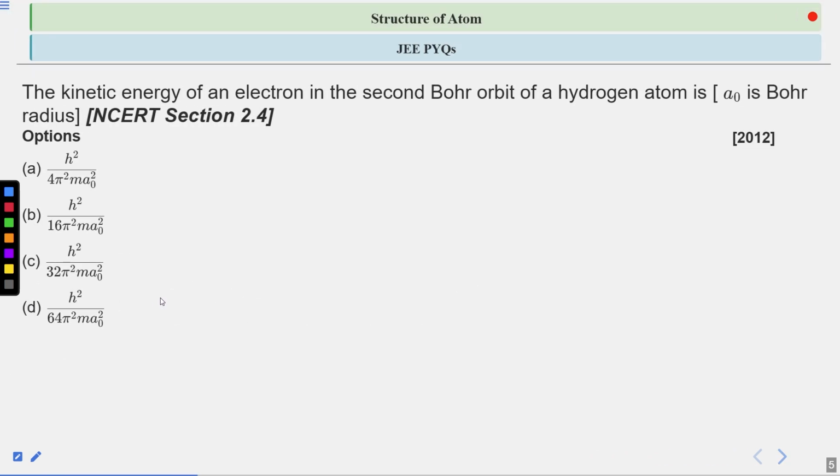Then moving on to our next question: the kinetic energy of an electron in the second orbit of a hydrogen atom is, so you have to consider a naught as the Bohr's radius. Your time to solve this question starts now. So you have 2 minutes to solve this question.